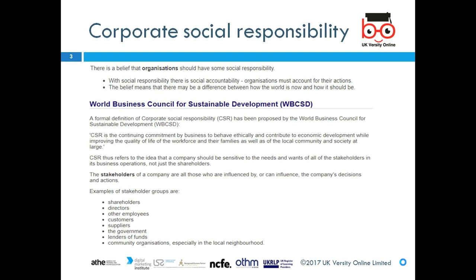So let's assume, I'll give you an example. We are manufacturing furniture within the UK, but we're thinking, okay, because manufacturing within the UK is quite expensive, now we'll move our manufacturing plant to China, or instead of manufacturing, we'll buy everything from China and sell it. So what will happen as a society? We'll lose the jobs.